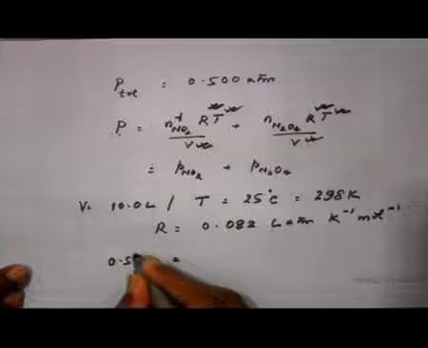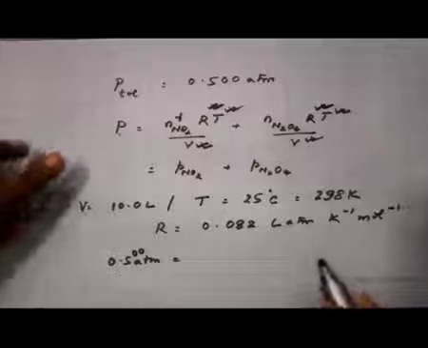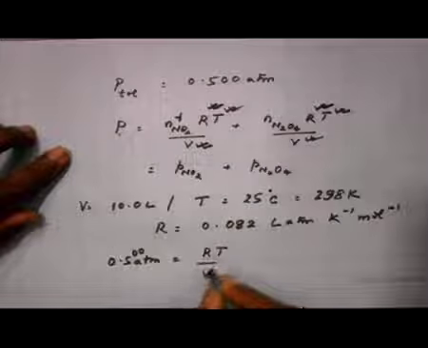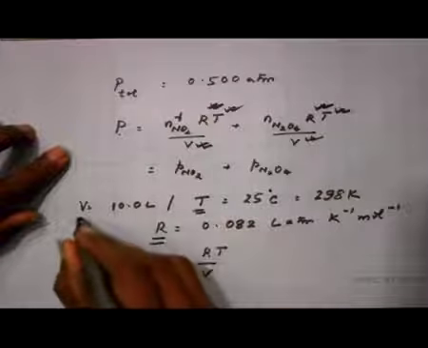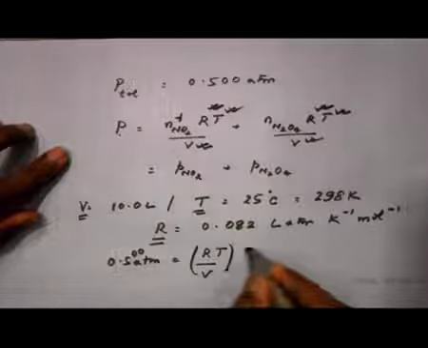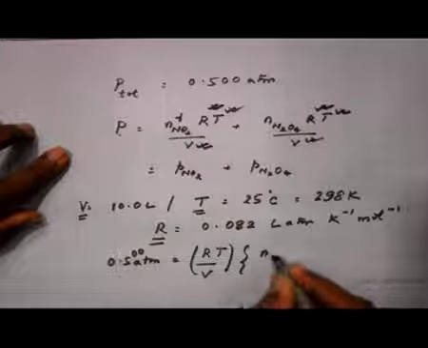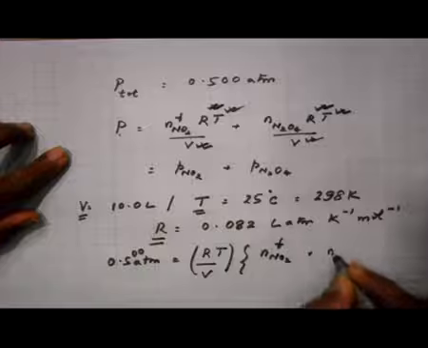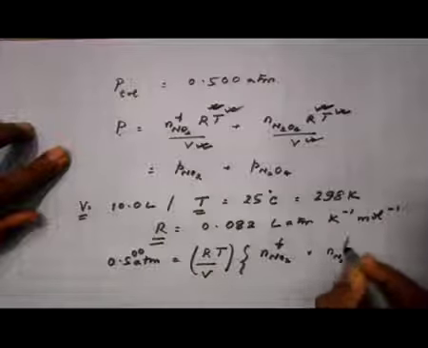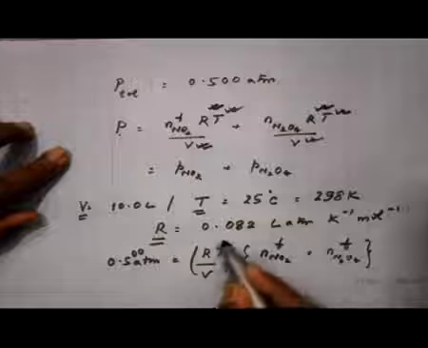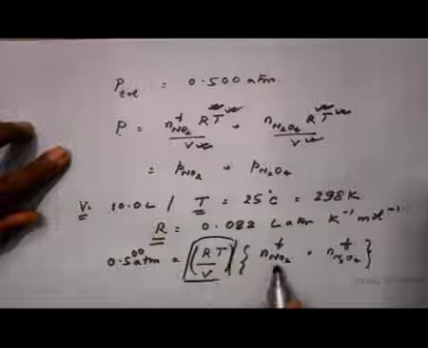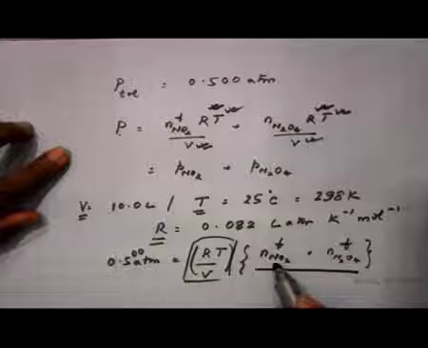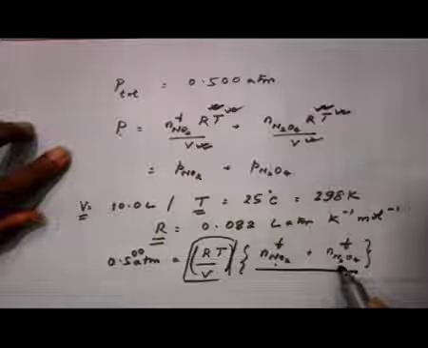Keep the significant figures, I have not been very careful about it, is RT over V times n NO2 final plus n N2O4 final. We know all of these quantities. So, we get another expression involving the number of moles of nitrogen dioxide and the number of moles of N2O4.